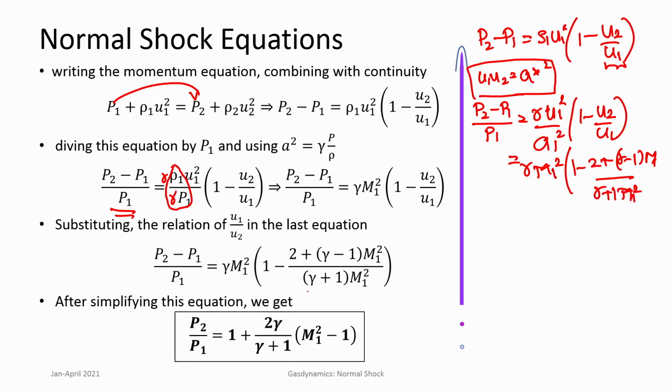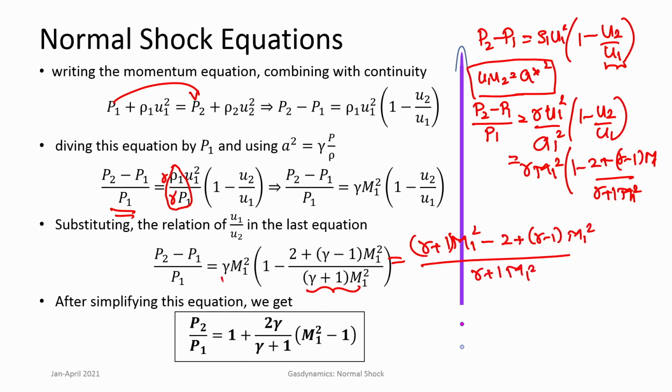So that is what you get over here, and this can be simplified. So you get gamma plus 1 M1 square minus 2 plus gamma minus 1 M1 square, the whole divided by gamma plus 1 M1 square, and we have a gamma M1 square over here.